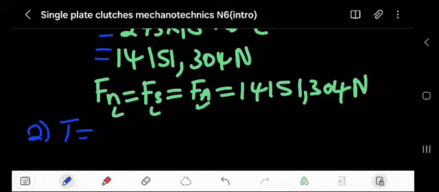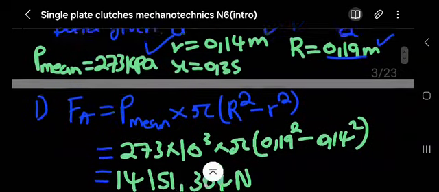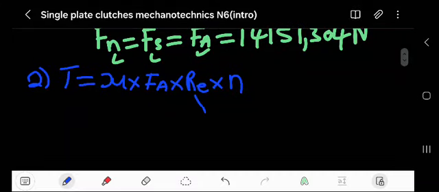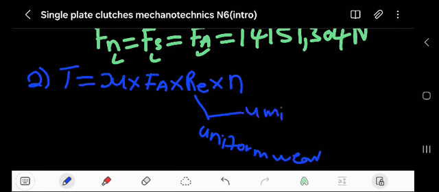The formula for torque is coefficient of friction multiplied by F_A multiplied by R_E multiplied by N. But I've discussed, guys, this R_E will depend on whether you are dealing with uniform wear theory or uniform pressure theory.